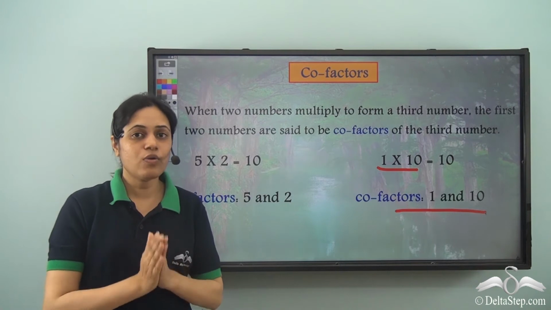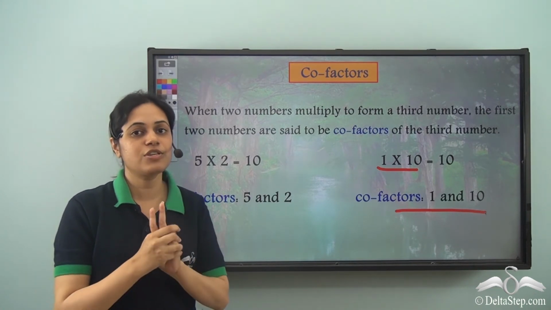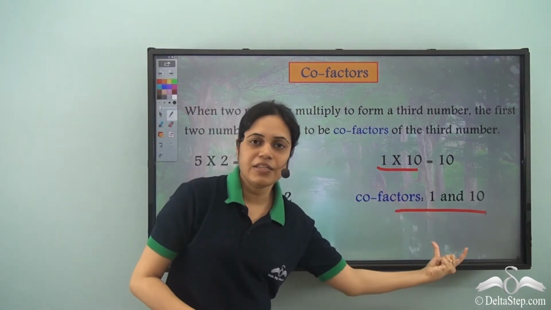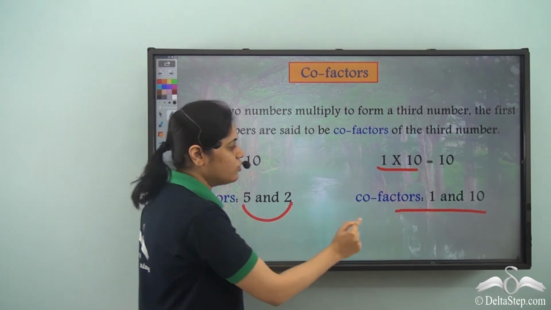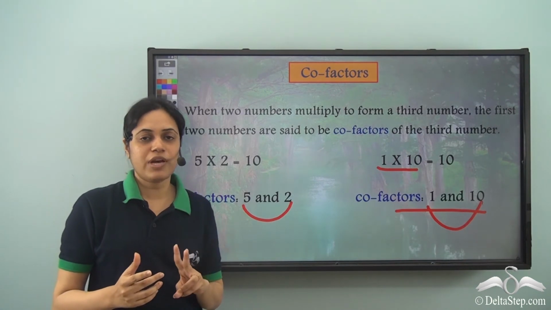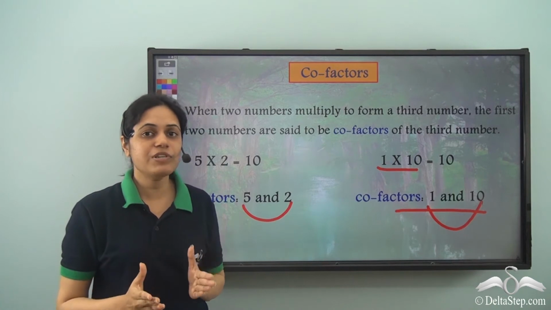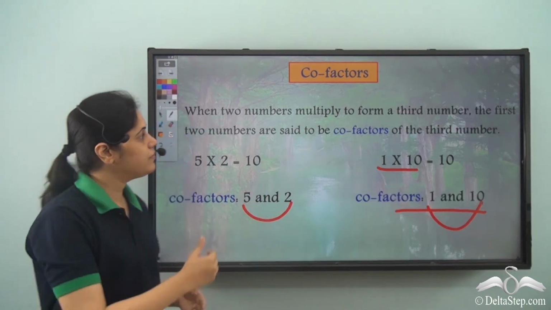So when I say cofactors, I need to mention two numbers together. 5 and 2 in this case, 1 and 10 in this case. So what are cofactors of 10? 5 and 2, 1 and 10. So I need to mention two numbers together, 5 and 2, 1 and 10, because these are the numbers which are multiplied together to give me 10.